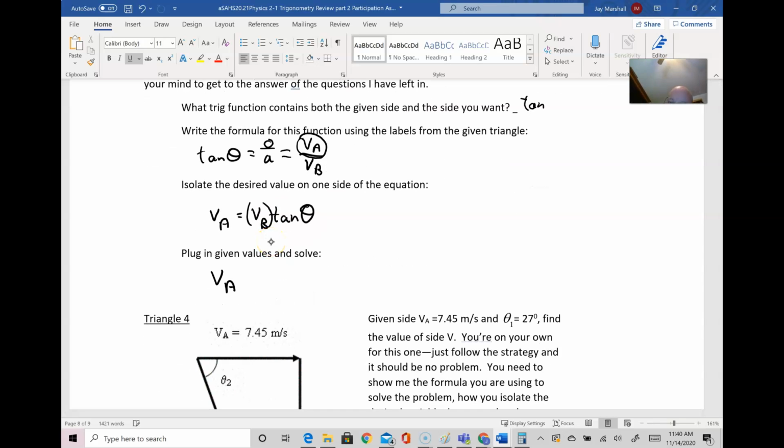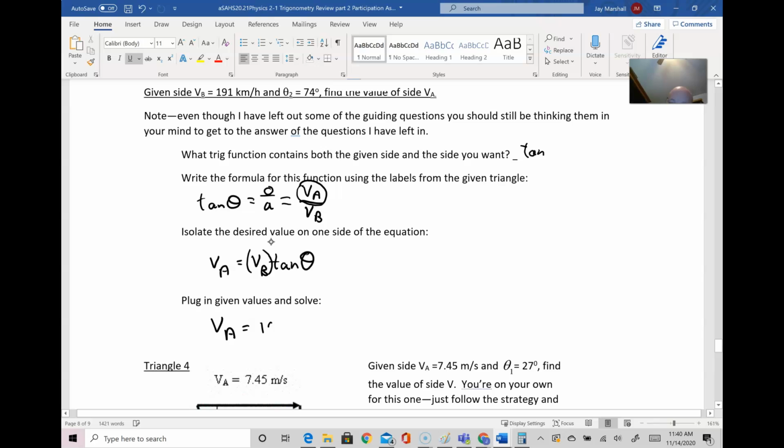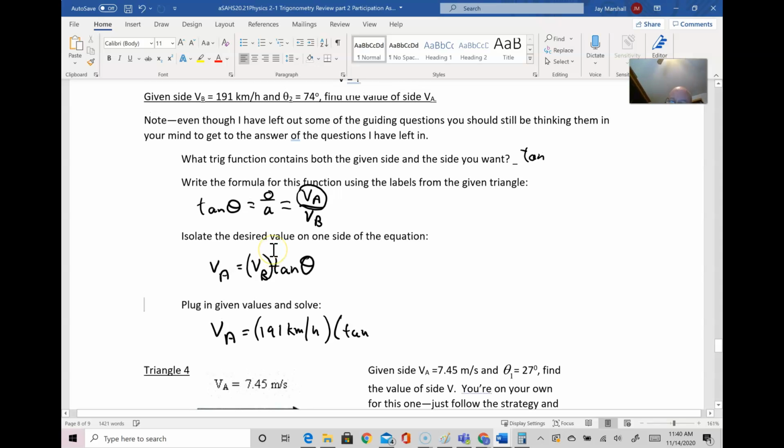So VA equals VB, which is 191 kilometers per hour, multiplied times the tangent of 74 degrees.